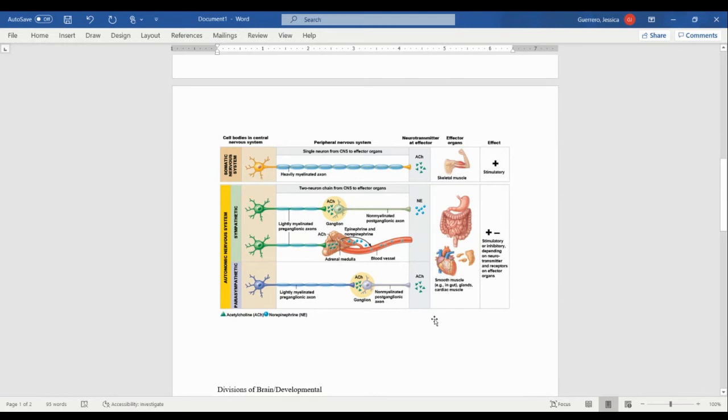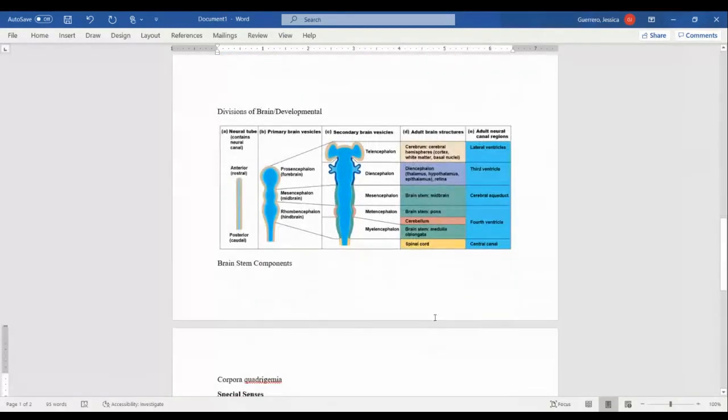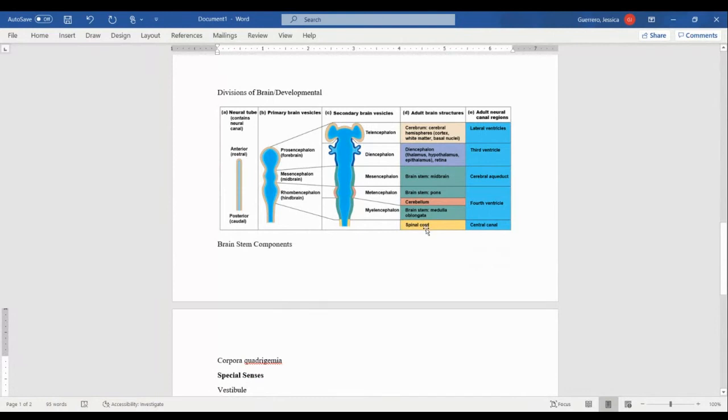Again, you can find this in the notes titled the autonomic nervous system. Here is the development of the brain from embryonic to adult, associated also with the ventricles. I found this diagram in the central nervous system notes.